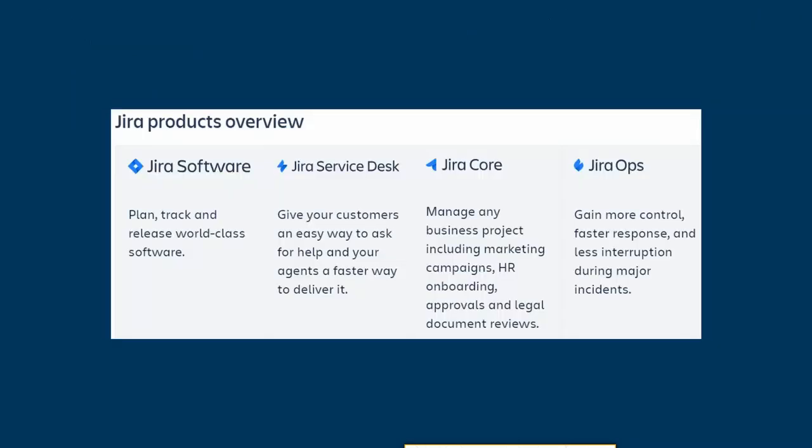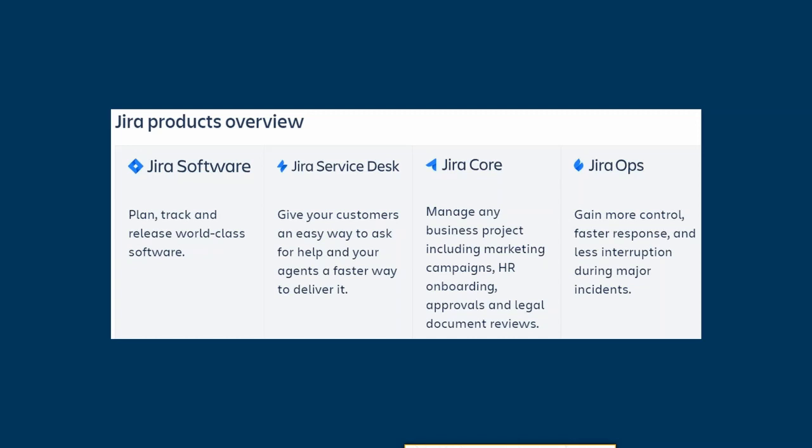And I think just to set the context, I just slipped in this slide quickly now during the break. Maybe everybody is not aware of what Jira does, but Jira is a bunch of stuff. So in essence, it's a plan, track, and release world-class software type product. You also have Jira Service Desk, Jira Core for non-IT related products, and Jira Ops.